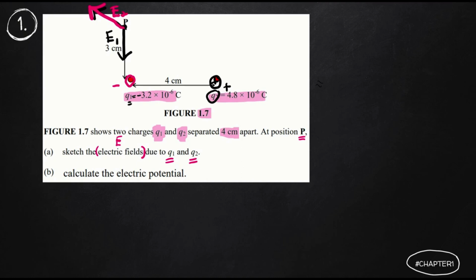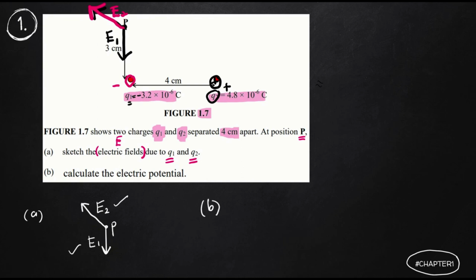So that's for the first question. If we draw it back here, your answer will be at point P, you'll have E1 here and also E2 here. The label of your vector is compulsory so that examiners will know which one is for which.